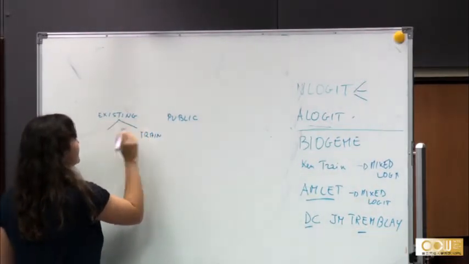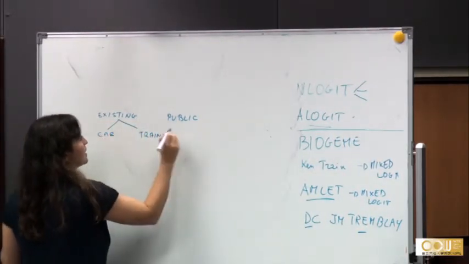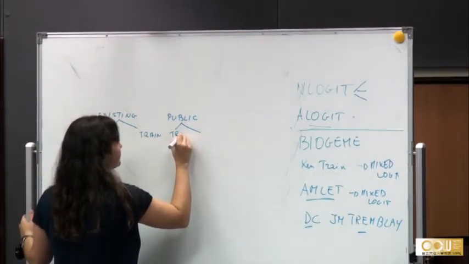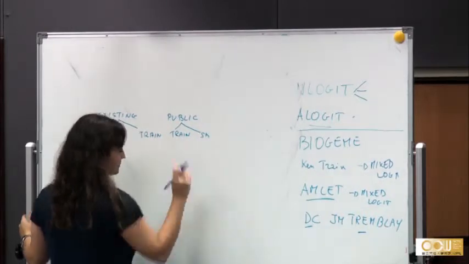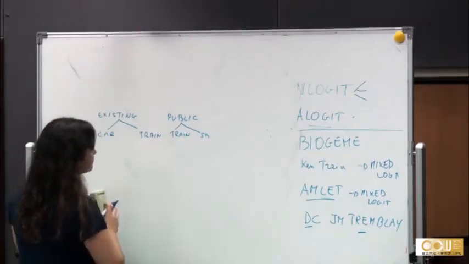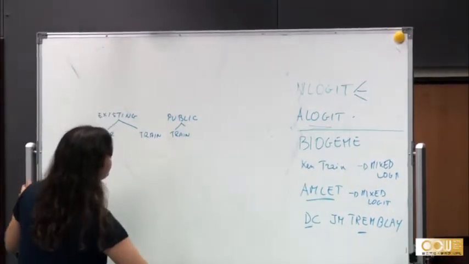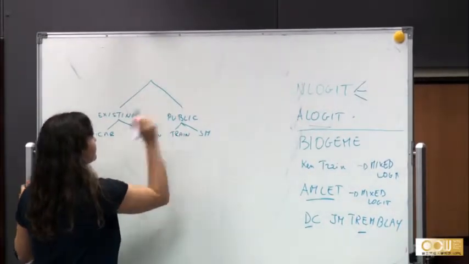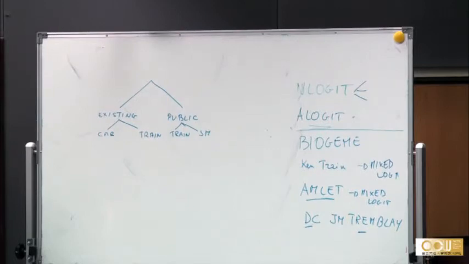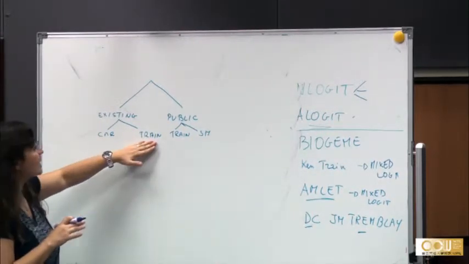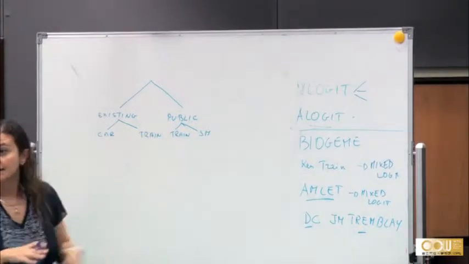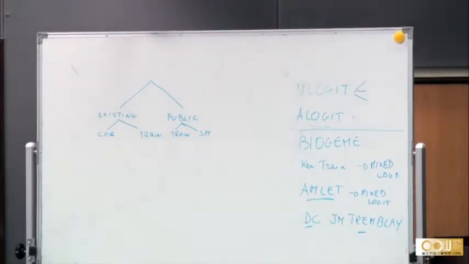So existing is current train, public is train and Swiss metro. So this is a cross-nested logic because train belongs to both existing and public. So that's what he's doing here.